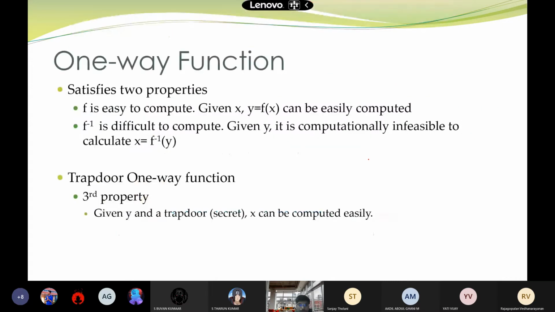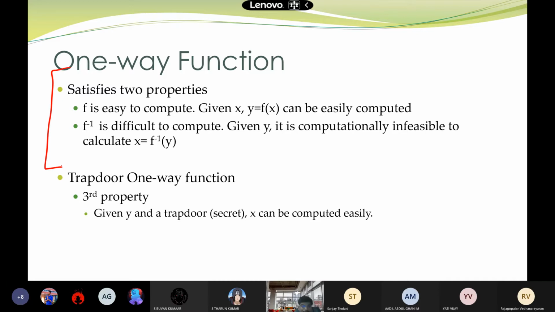It satisfies two properties. The function f is easy to compute, so given x, y equal to f of x can be easily computed. But the inverse, getting x out of y, is computationally infeasible, at least in polynomial time. That is the point of a one-way function.